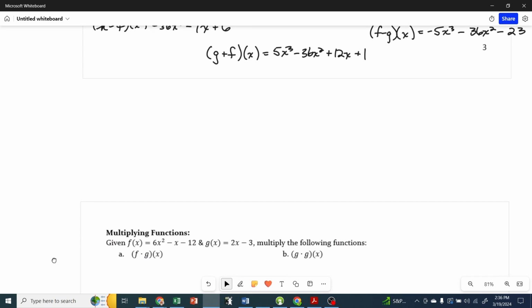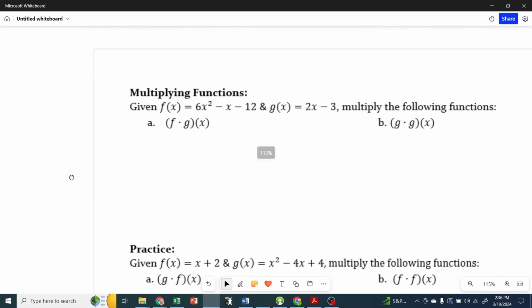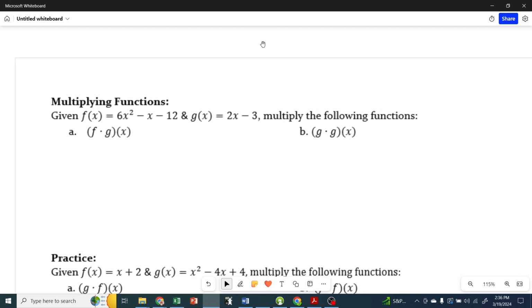All right, now multiplying these, well, this is just the same thing we've done in the past. So f times g of x, that's equal to f of x times g of x.